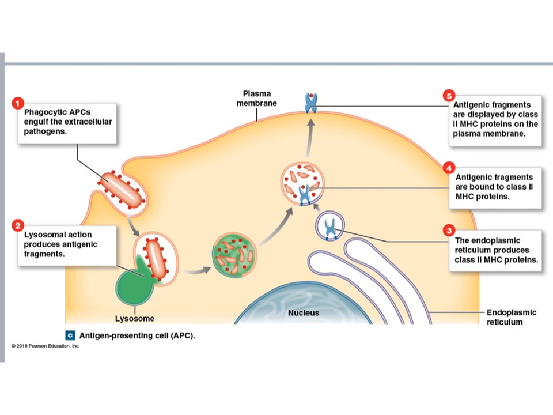So this is a little bit different from antigen presenting cells. Remember, antigen presenting cells have MHC2. You can see MHC2 there. And so they're going to take in a bacteria just like we talked about before. And that bacteria is going to be destroyed.